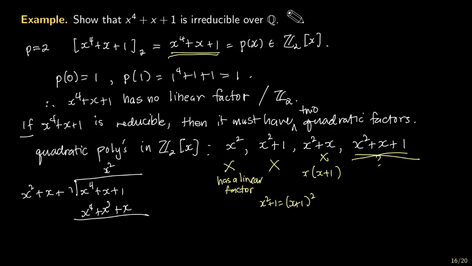You subtract, or we're working modulo 2 ha, you subtract, minus x cubed is just x cubed, x minus x is 0, plus 1, so I get x cubed plus 1. So degree of this is 3, not yet done, so divide again, x cubed plus x squared plus x.